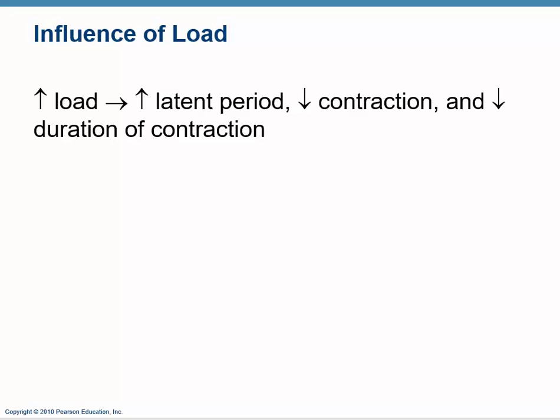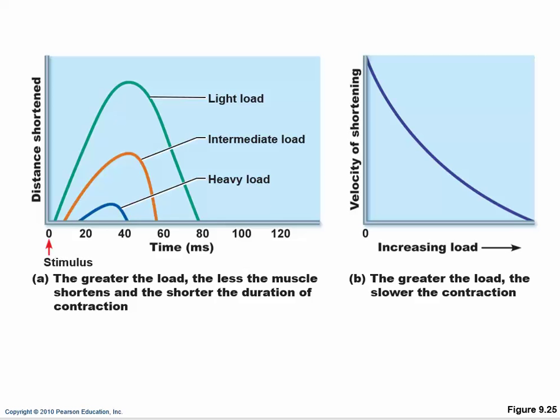So this is a slide looking at the influence of the load. If there's a big load, it takes a while before you can start moving the load. You have to recruit a lot, and you're going to fatigue earlier. So it basically looks like this. A light load starts to move sooner, and you can actually hold it for a much longer period of time.